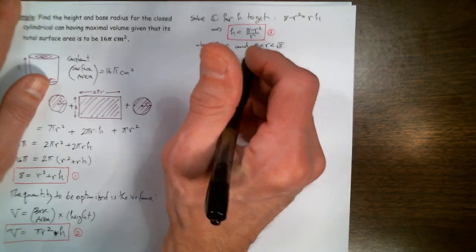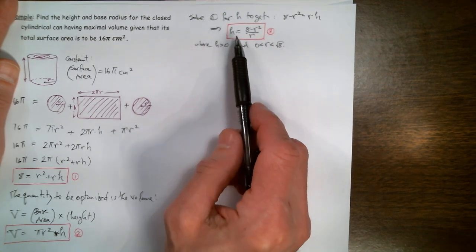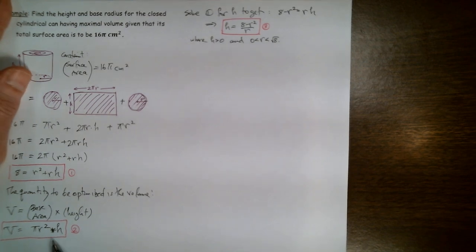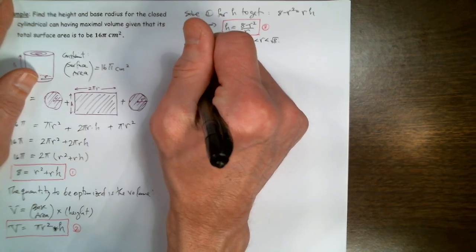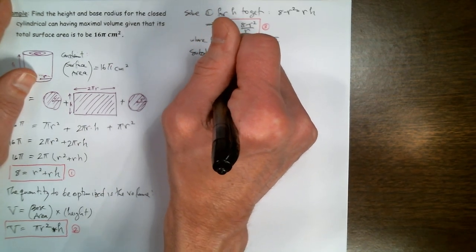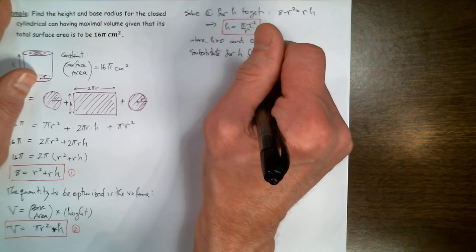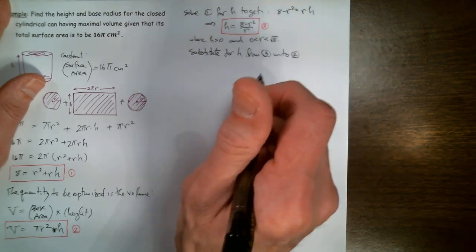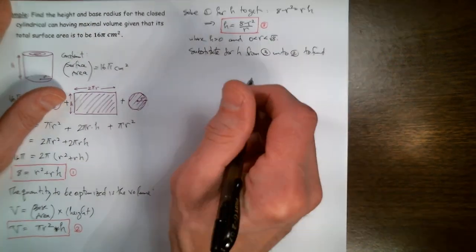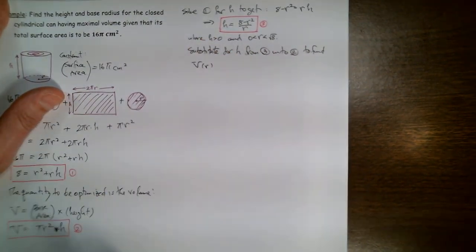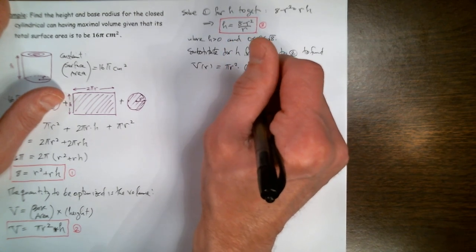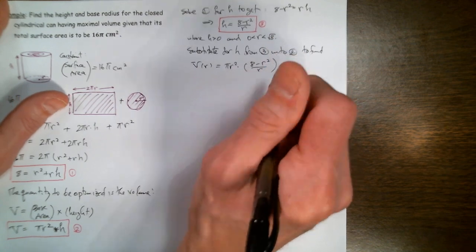So now what we'll do is substitute for the height of the can in terms of r into our equation 2. So therefore we'll have the volume as a function of only r. Okay, so that's our next step, to substitute for h from equation 3 into 2 to find that the volume as a function of r will be pi r squared times 8 minus r squared divided by r.